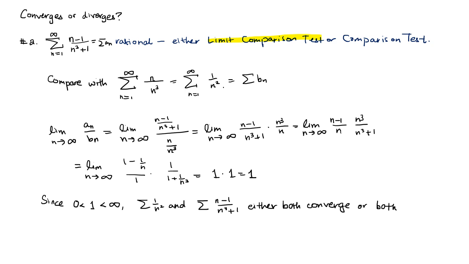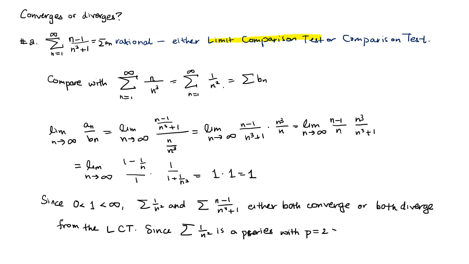So they have the same behavior from the limit comparison test. Since the series 1 over n squared is a p-series with p equal to 2, which is greater than 1, they both converge. All right, so in this example, we say that this guy converges.